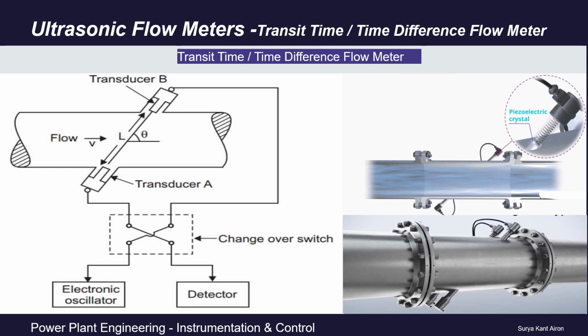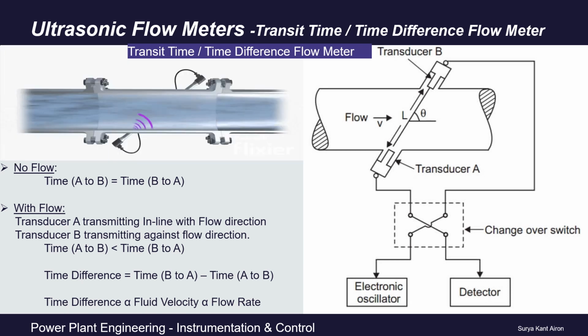These transducers are basically piezoelectric crystals connected through a changeover switch to an electronic oscillator on one side that generates ultrasonic waves, and on the other side a detector which senses the ultrasonic waves. So both these transducers are capable of transmitting as well as receiving ultrasonic waves, but only one type of action at a time depending upon the changeover switch position.